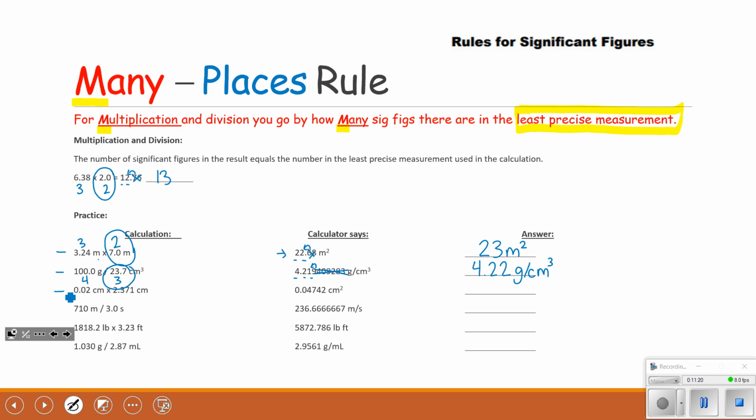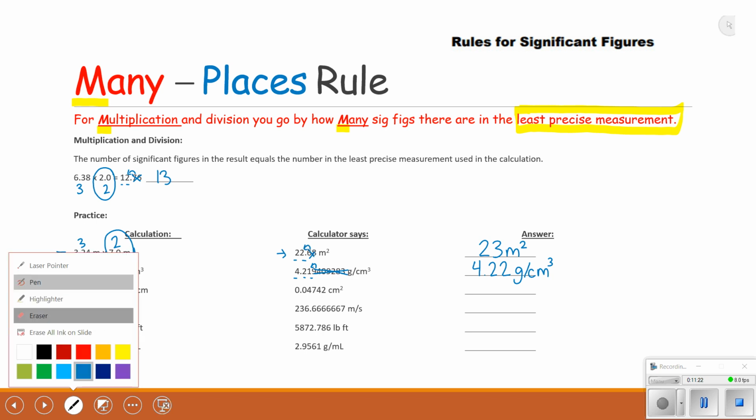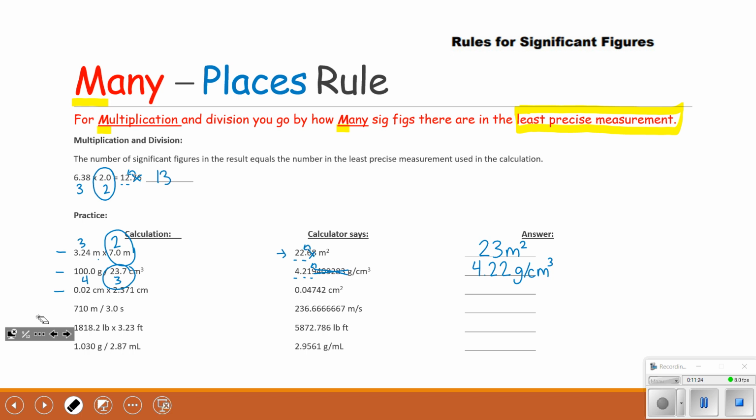All right, the next one here. Okay, looking at the 3rd one down. This first 0.02 centimeters, you've only got 1 significant figure in that measurement. So that one only has 1. This one has 4 significant figures.